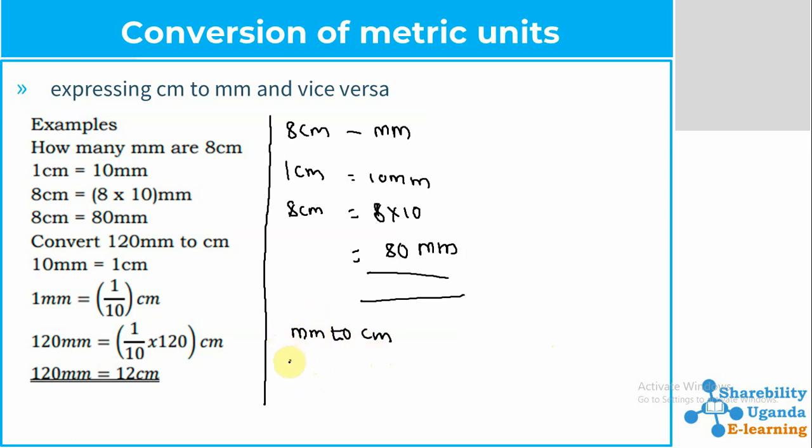So if we know that 1 centimeter is going to be equal to 10 millimeters, then when we have 120 millimeters, we shall have 1 out of 10, then we multiply it by our 120.